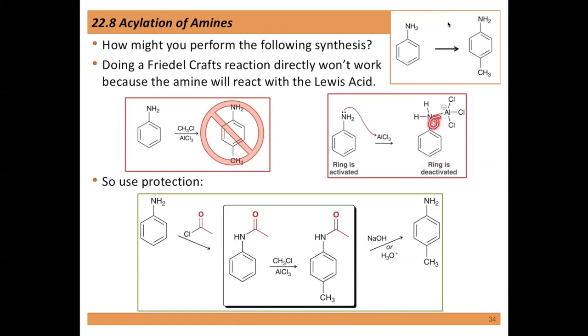Notice there's a positive right next to the ring. So this is no longer a good nucleophile. This would be a very poor nucleophile, and we couldn't use it for Friedel-Crafts alkylations. So what we can do is we can make this into a protected ortho-para directing group by acylating.